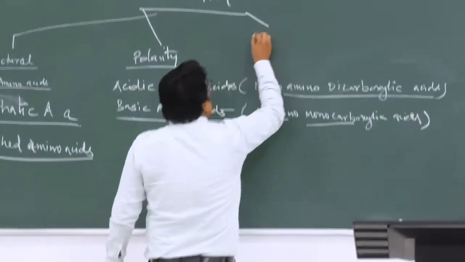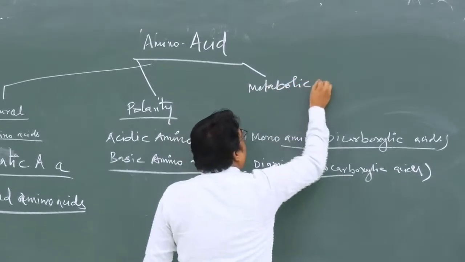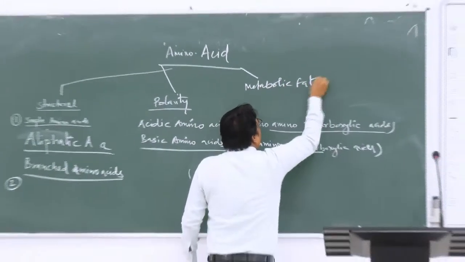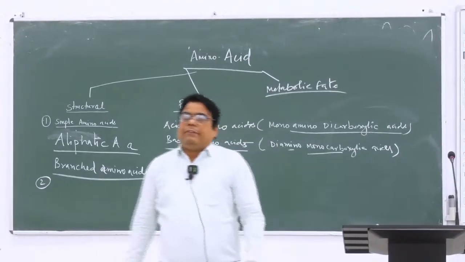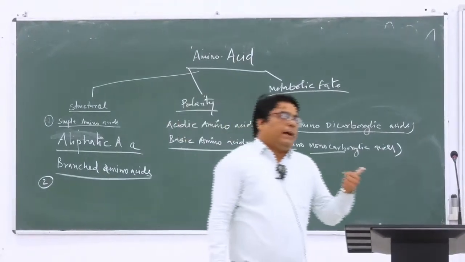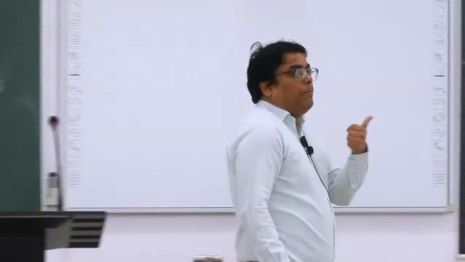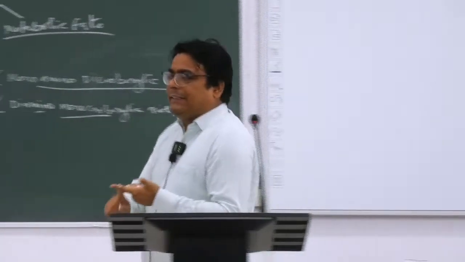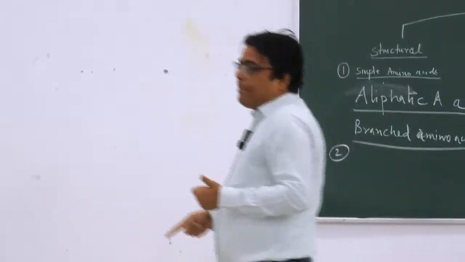Now on the basis of metabolic fate. Metabolic fate is how these amino acids are helpful in the formation of particular molecules. It is either glucogenic, ketogenic or both. Do you understand the terms? Glucogenic means formation of glucose molecules.